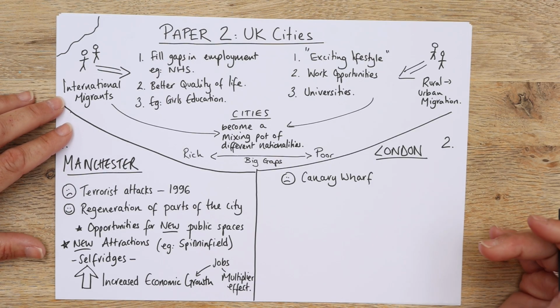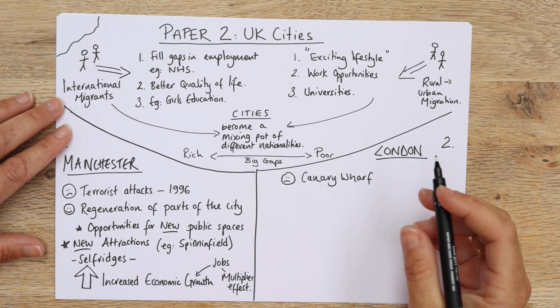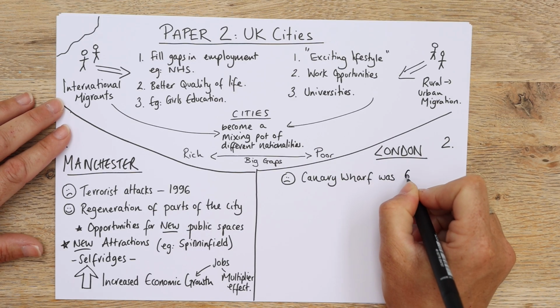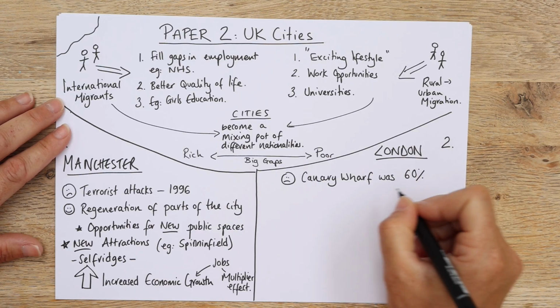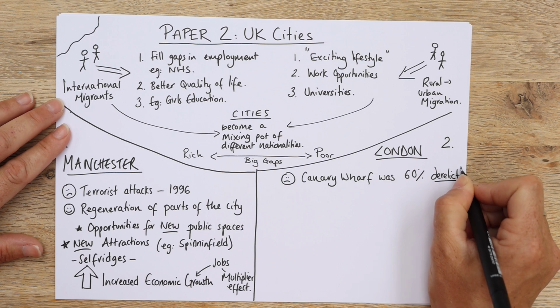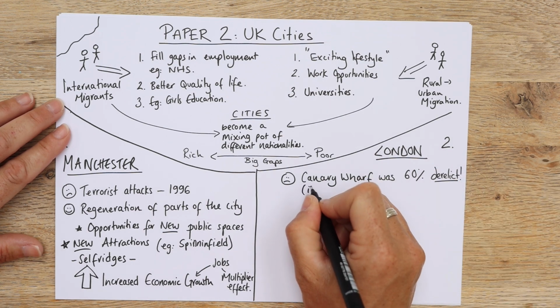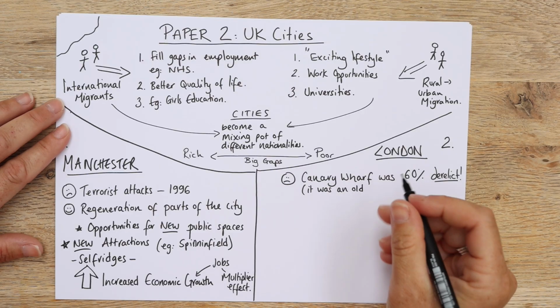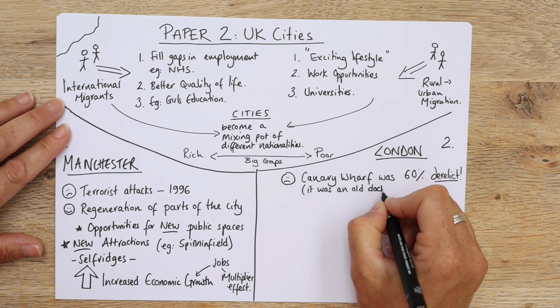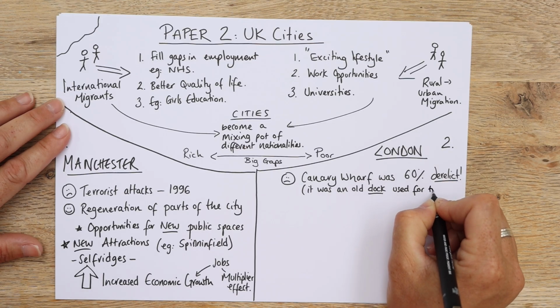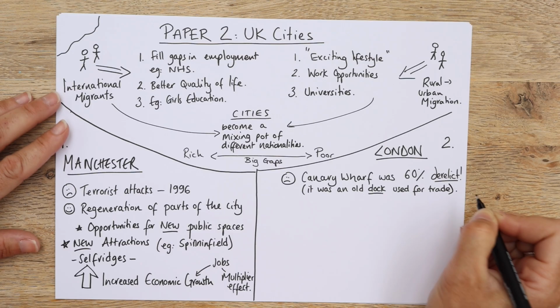Canary Wharf in London was 60% derelict. It was basically an old dock used for trade, and I'm not talking big trades and big money.